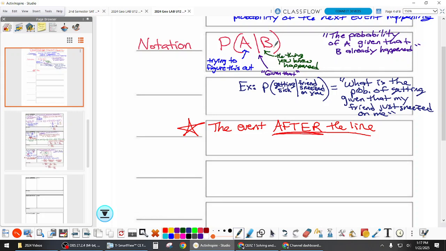So this is just an example notation. The event after the line is the category, and here's the bigger deal. It's the denominator. So when you go to set up your probability, it's the denominator.